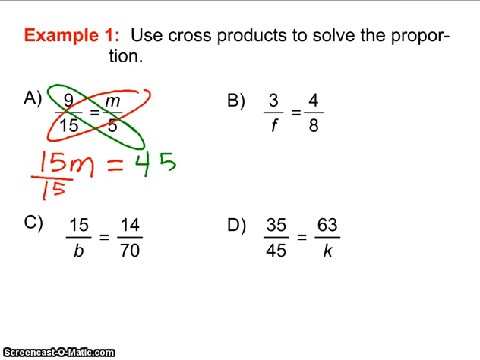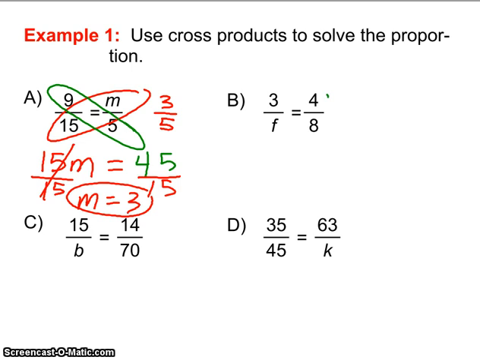Divide both sides by 15. And our inverse operations cancel out, and we have an answer of m equals 3. And that's your answer. So we know that the ratio 9 to 15 is proportional to the ratio of 3 to 5. But again, all you're doing for these types of problems is solving for the variable using cross products. Take a look at B.